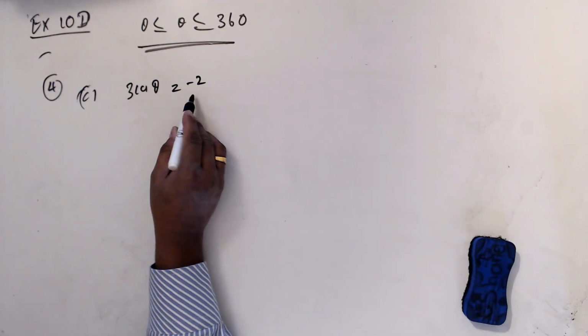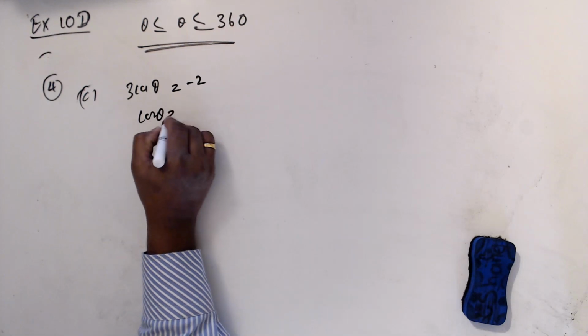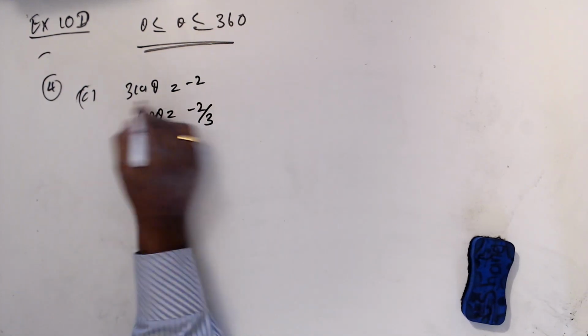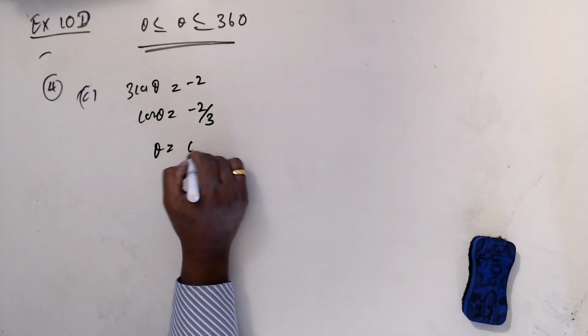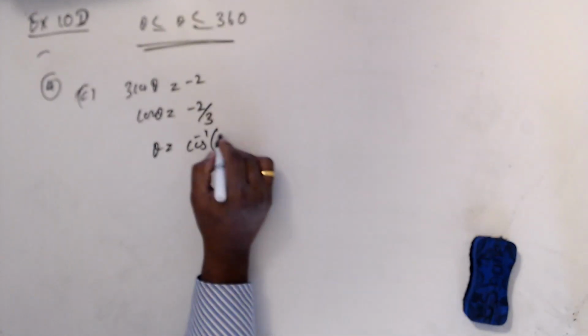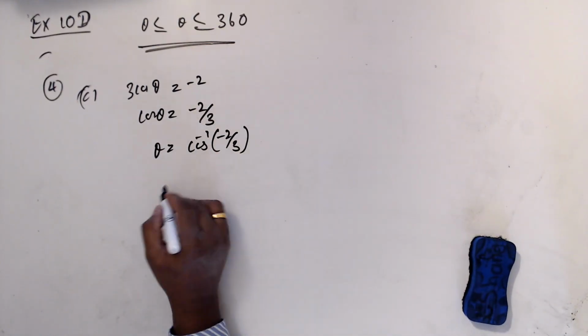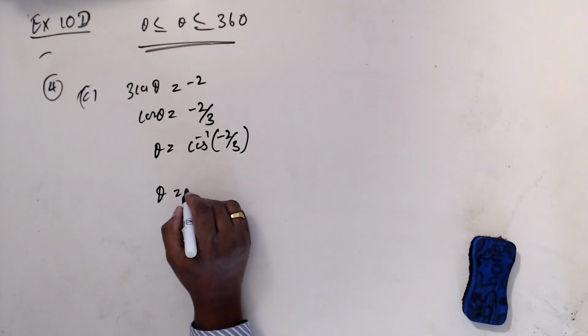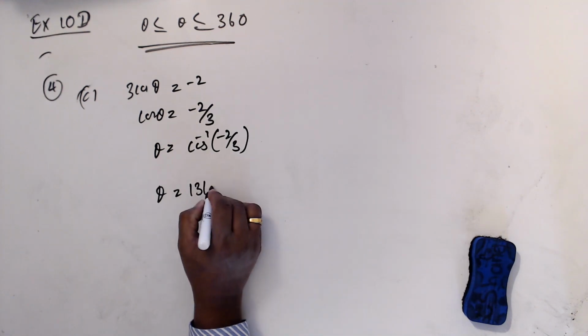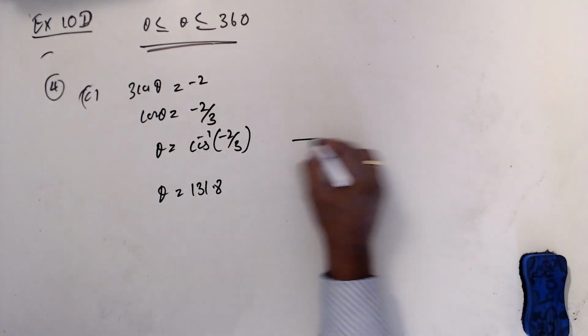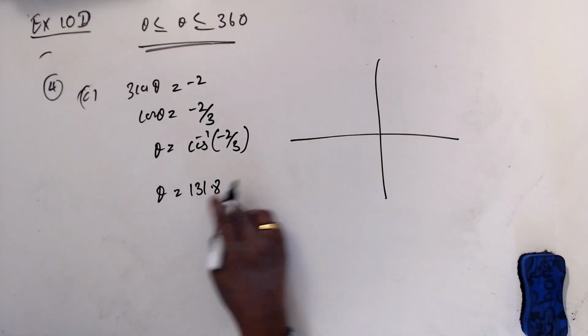Part C is 3 cos theta equals minus 2. Cos theta equals minus 2 over 3, so theta equals cos inverse of minus 2 over 3. So you will get theta equal to 131.8. We'll mark this one. It is an obtuse angle.